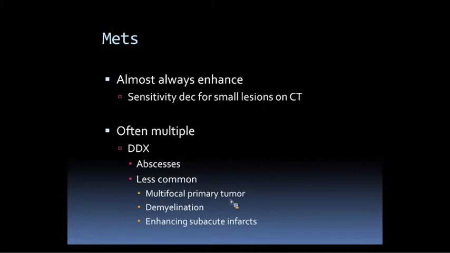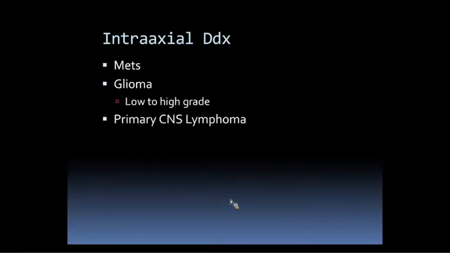Demyelination and enhancing subacute ischemia are things that people don't commonly think of as ring-enhancing lesions, but they can ring enhance. They're atypical presentations, but they could be considered in this differential. When we're dealing with an intraaxial lesion, even a solid one, we still think of a solitary MET just because METs are so common.